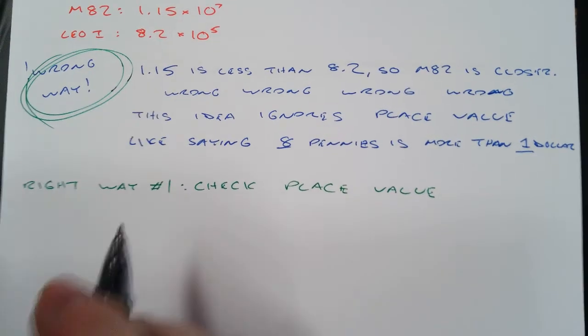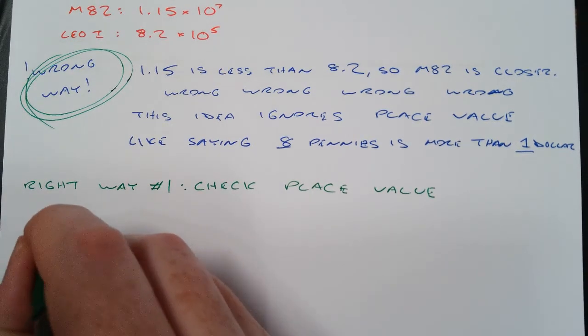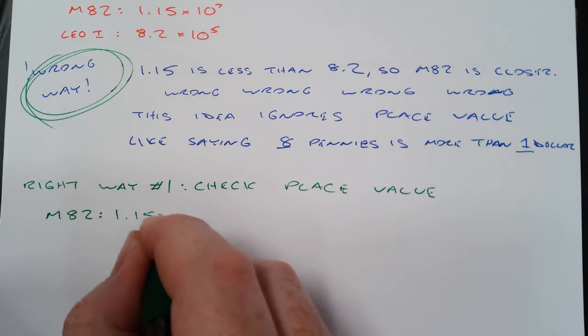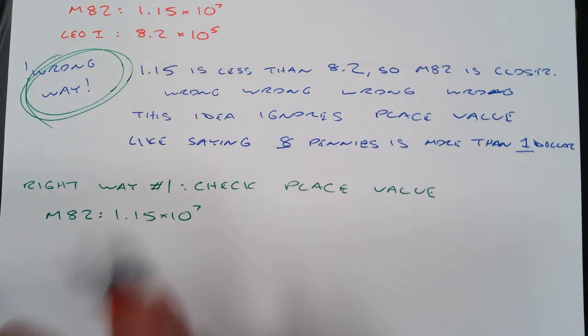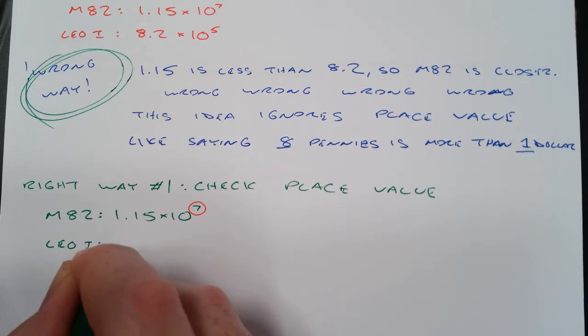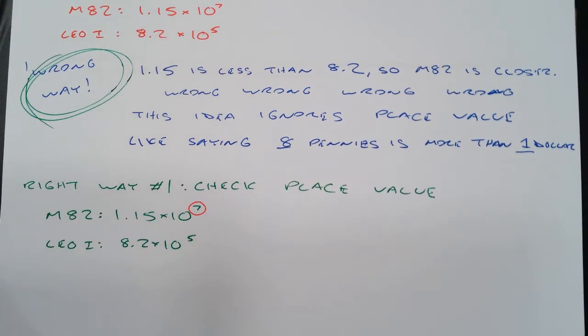When you do it this way, you see that the M82 Galaxy is 1.15 times 10 to the 7th. That's the place value. And the Leo 1 Dwarf is 8.2 times 10 to the 5th. Look at the place value. Look at the exponents.